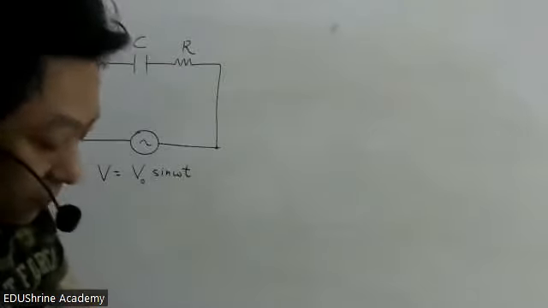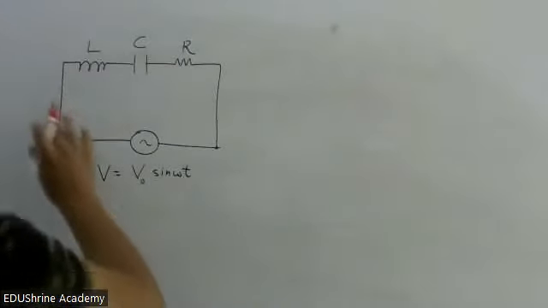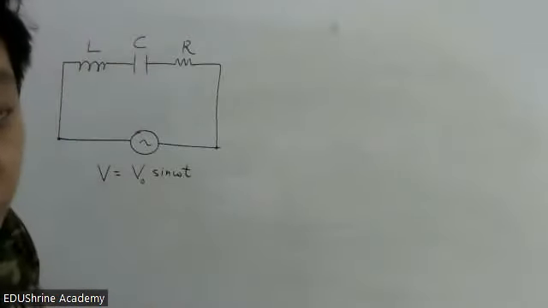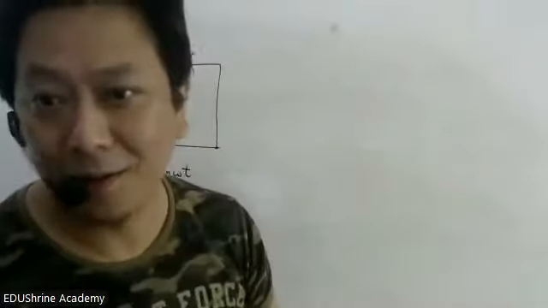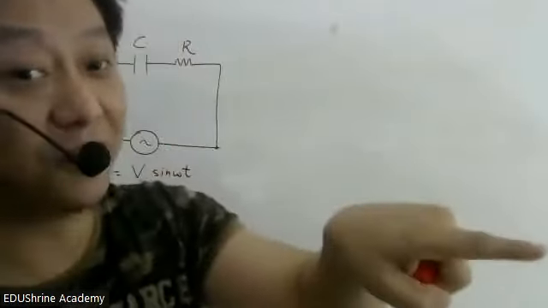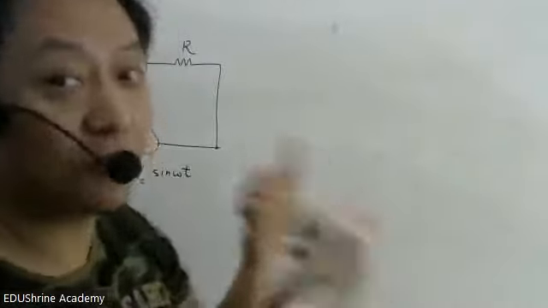Current or voltage? Current. So current will be the same in the circuit, no doubt. Therefore, we will consider current as our reference. Why, sir? Because it is the same in each one of them. So while drawing the phasor diagram, I will consider current as reference because current is the same in all of them.